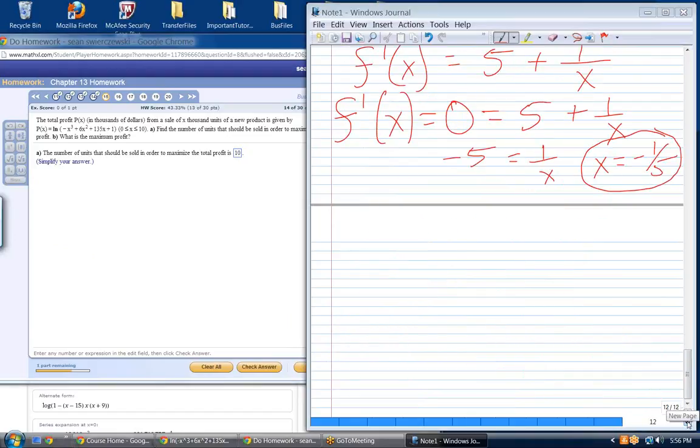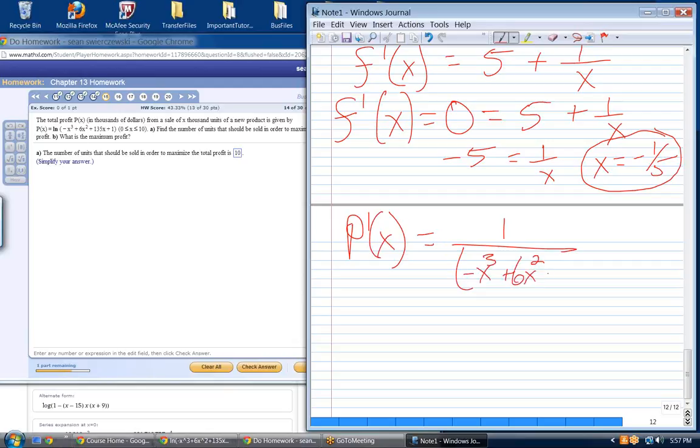What's the derivative of this? What's the derivative of natural log of x? 1 over x. Okay, so the derivative of this, if I take the derivative of the outside, I get p prime of x equals 1 over everything that's in there times the derivative of the inside, which is going to go on top.